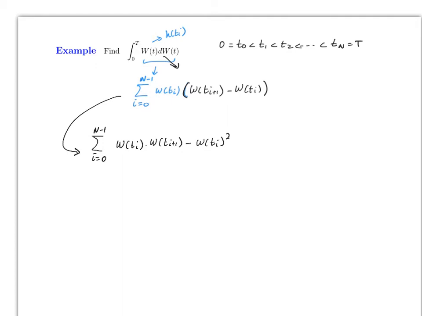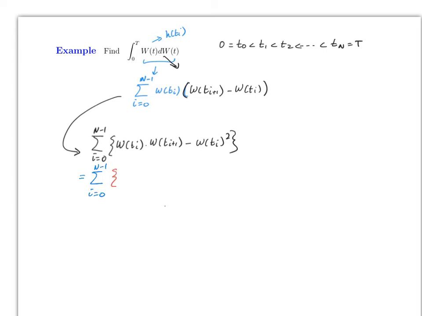So that's what you have so far. Now we're going to do the usual trick of adding nothing. So this is going to be the sum from i equals 0 to n minus 1. Now we're going to add nothing to it.